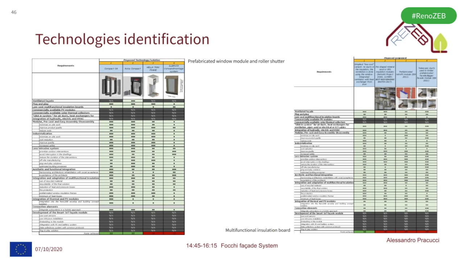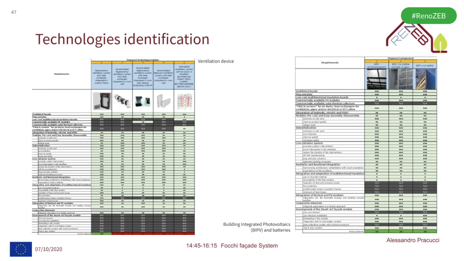Windows and roller shutter, multifunction insulation board, as well as a ventilation device. In this case, different solutions have been considered. For example, ventilation within the monoblock, or a standalone system, or a centralized ventilation. But also for BIPV, for the facade, we have included this consideration.